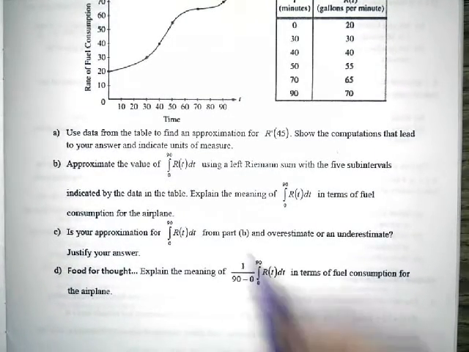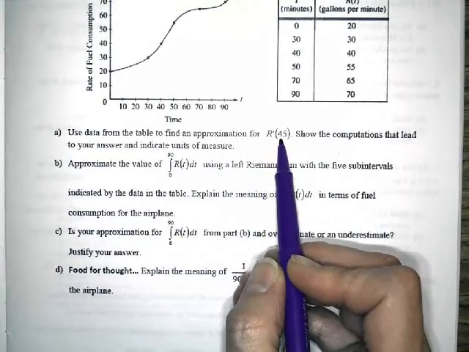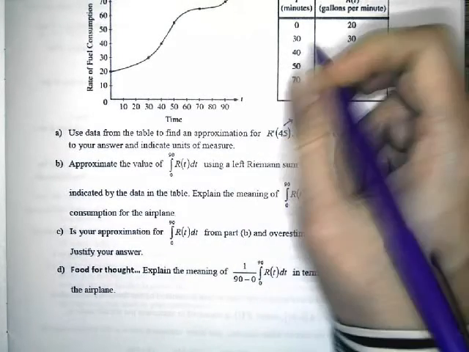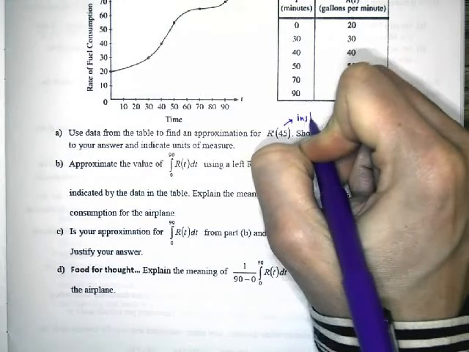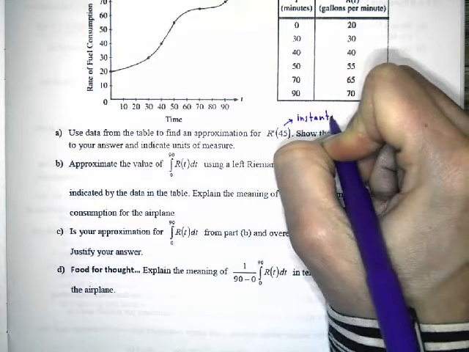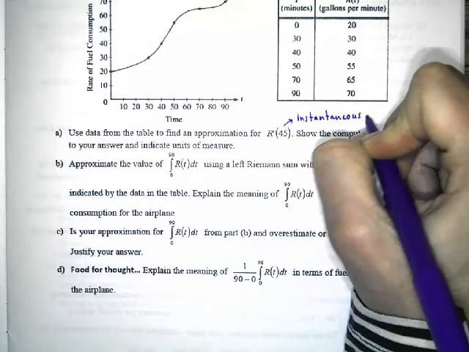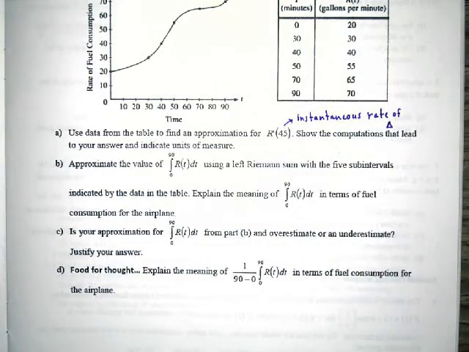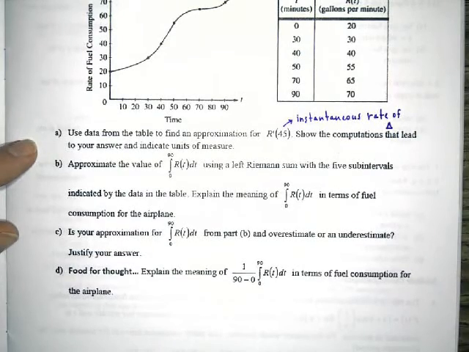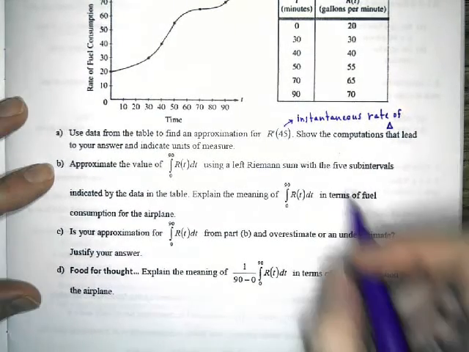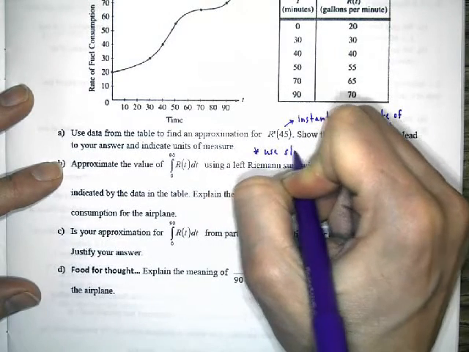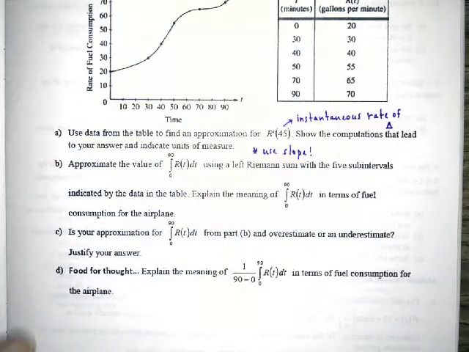Okay, so for part A, it wants us to use the data from the table to find an approximation for r prime of 45. Right, so we know r prime of 45 would be the instantaneous rate of change. Now to approximate that, we're going to use the slope, since we don't know that exact value.